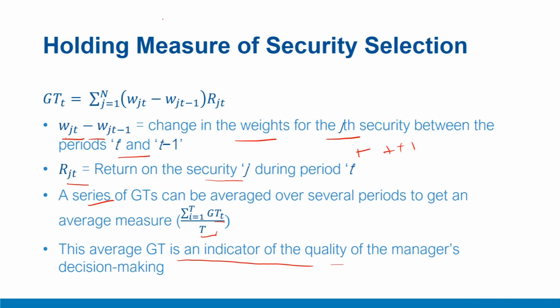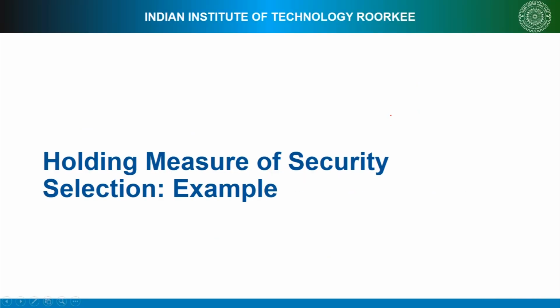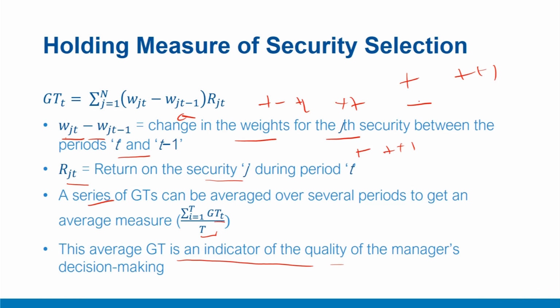This average G_T is an indicator of the quality of the manager's decision making. How? This formula examines whether a manager is successfully able to change the weight from T minus 1 to T in anticipating the performance of the security from period T to T plus 1. If the manager is successful in security selection, he should be able to find those securities that are undervalued.